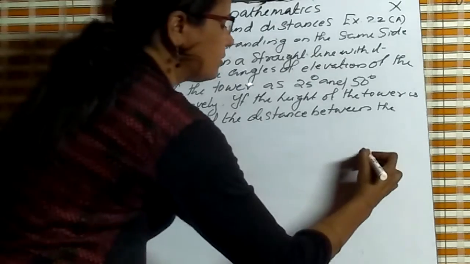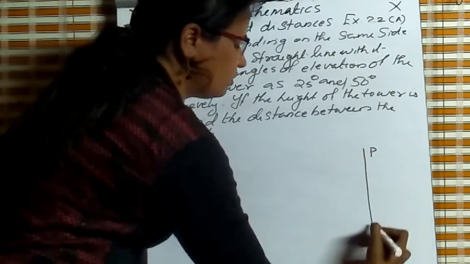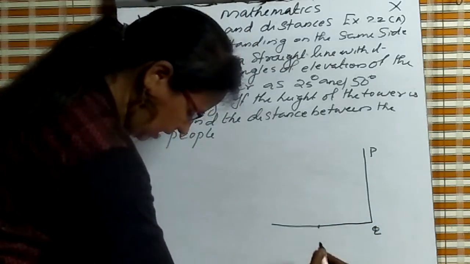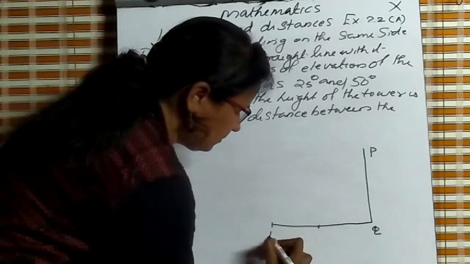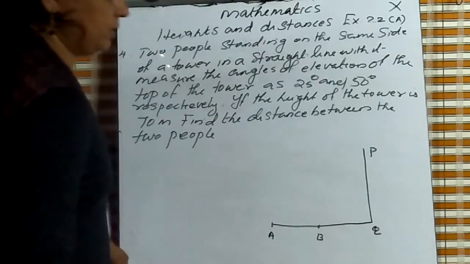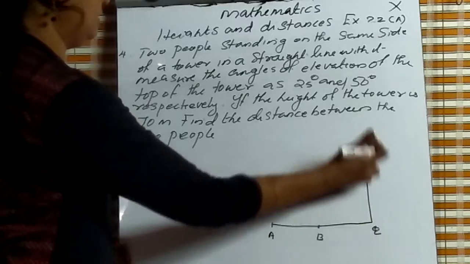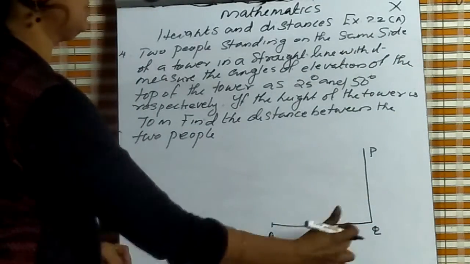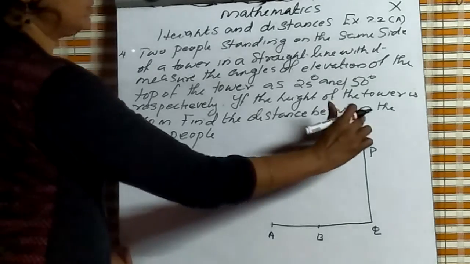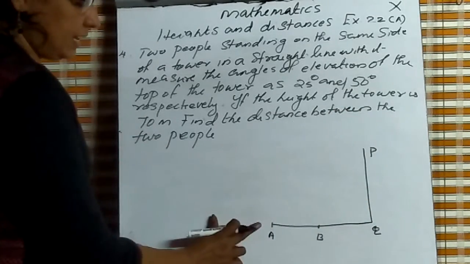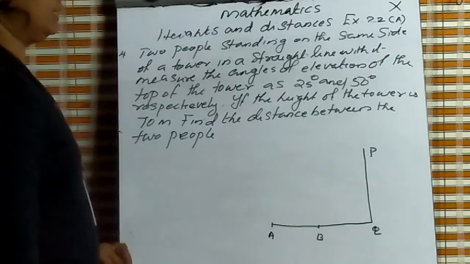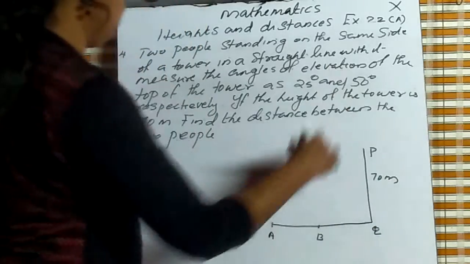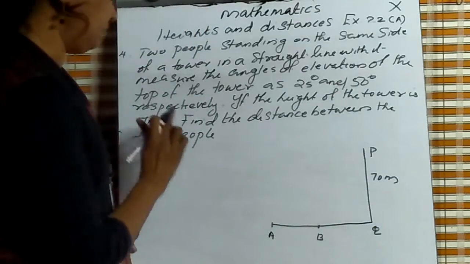Let PQ be the tower and A and B are two persons standing on the same side of the tower in the same straight line, and observe the top of the tower at an angle 25 degree and 50 degree, and the height of tower is 70 meter.